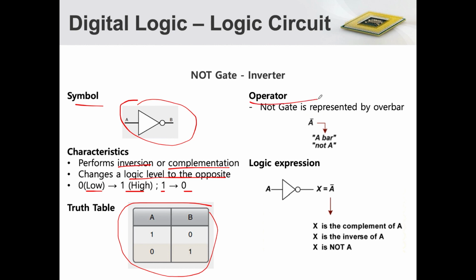So how do the operations of the NOT gate look like? If you have a NOT gate, you will have A bar or NOT A. It means that A is the input, so your output will be A bar.